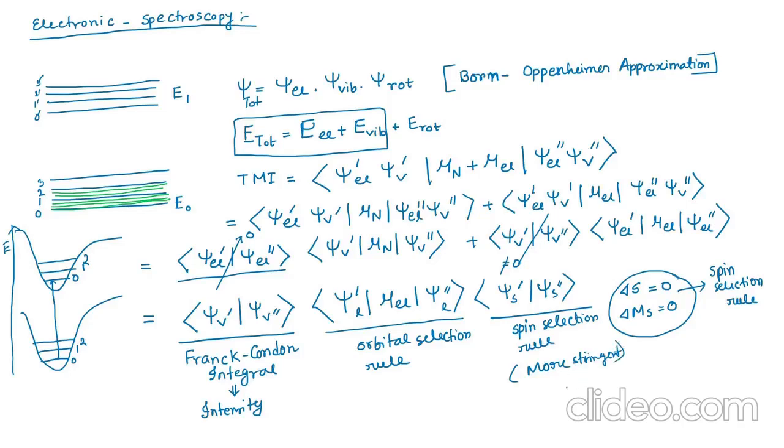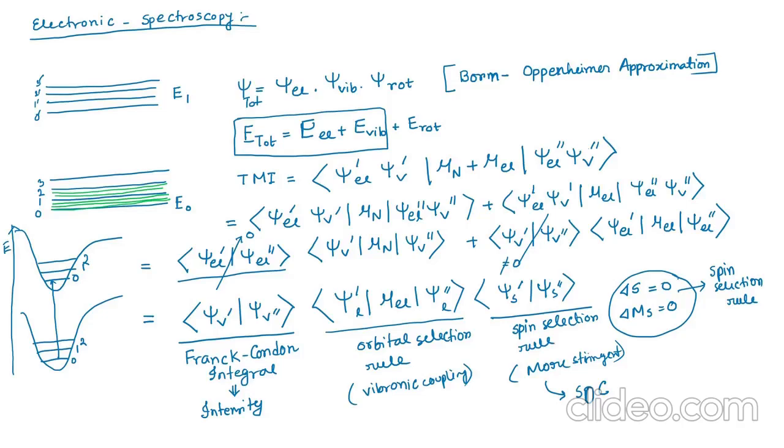So one way to avoid this is spin-orbit coupling, the heavy atom effect, and others, and here it is vibronic coupling. Coupling with vibrations leads to relaxation of your orbital selection rule.